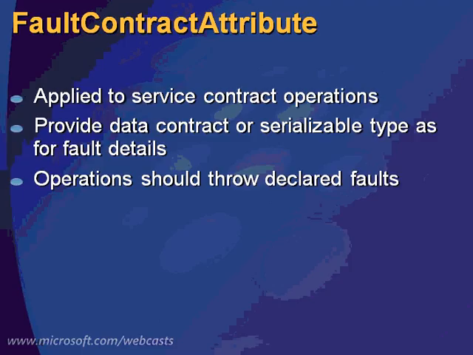This is done using the FaultContract attribute. The FaultContract attribute is applied to service operations. And then what you should try to do is throw faults that are declared in your code. That way the client will not only not lose their session, but furthermore they will receive a fault that they have information about.